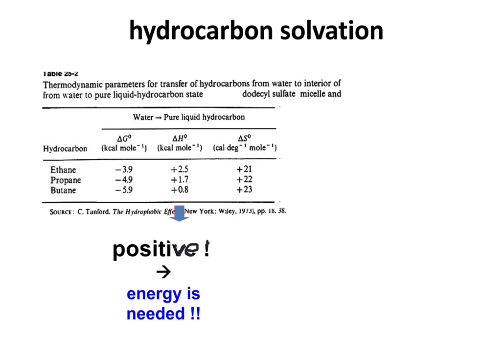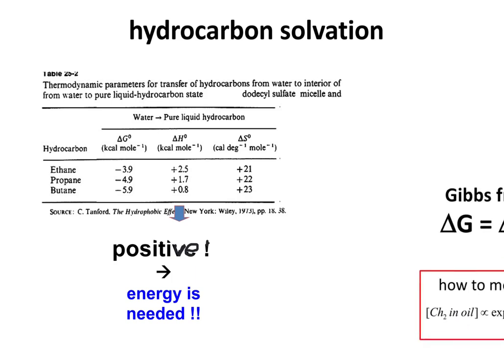Now, in the last lecture we learned that whether a process is going in the forward or the backward direction is not given just by the energy, but by the Gibbs free energy, which contains two parts.